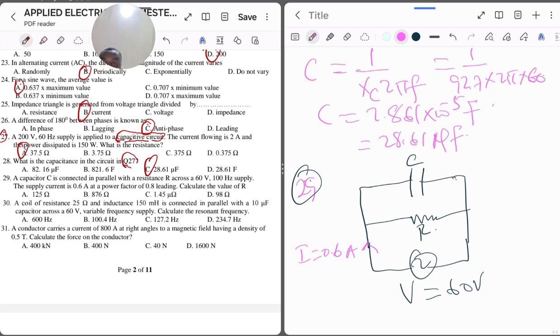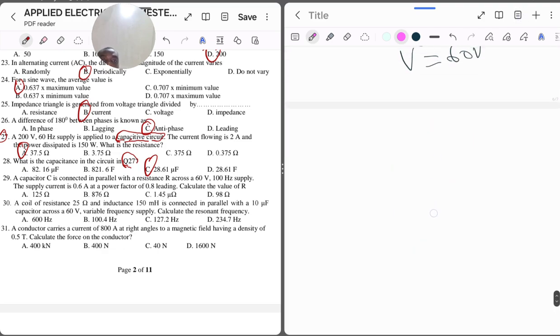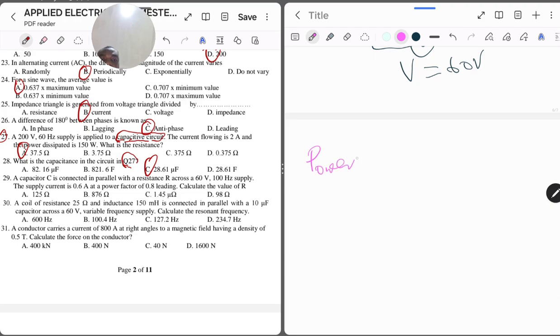So here, power factor. Again, you have to know this formula for power factor. Power factor is equal to the active power or the true power over the apparent power. So this is the formula. Active power here is usually the power dissipated by the resistor, right? And we look at this power in terms of the apparent power.